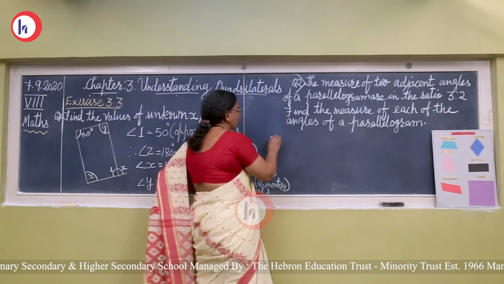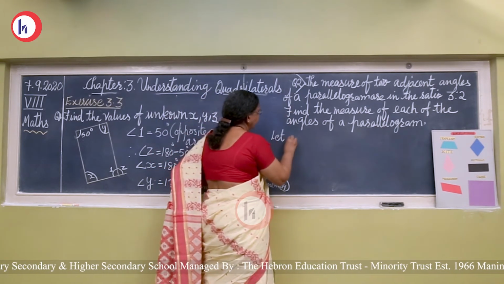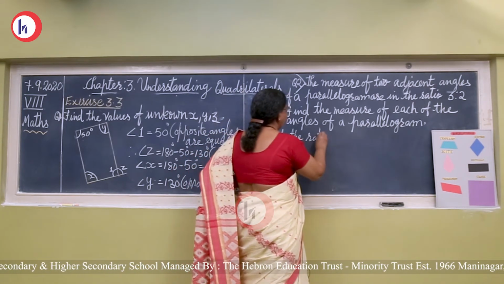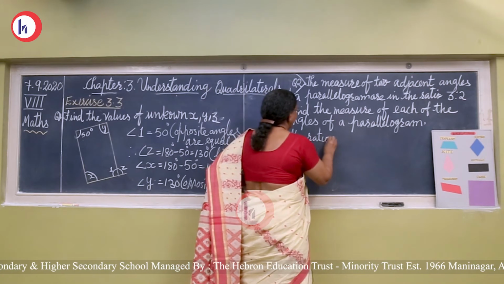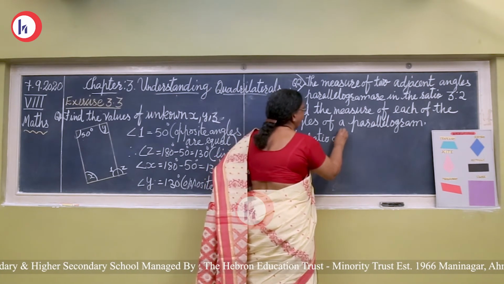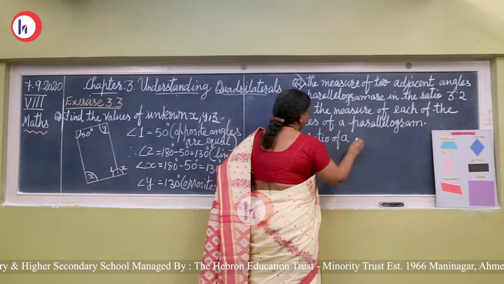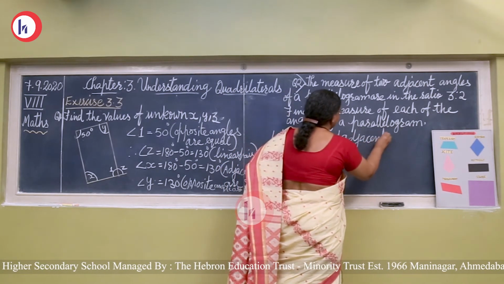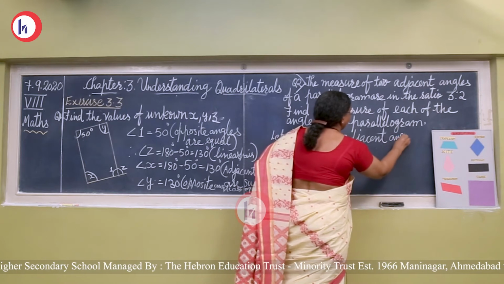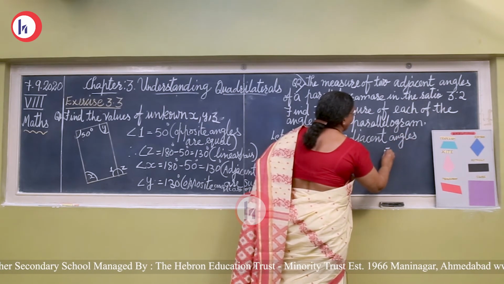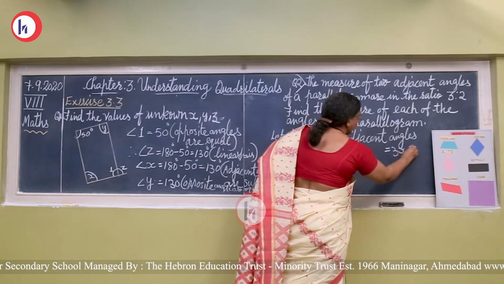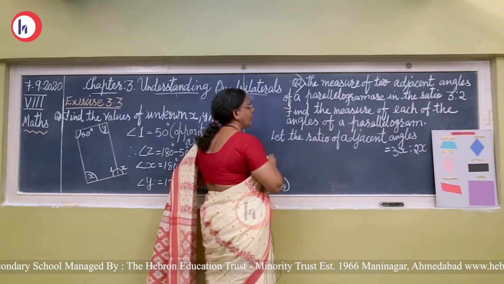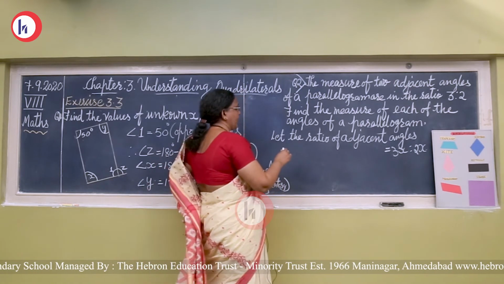So let the ratio of the two adjacent angles be 3x and 2x, as we assume in equations.